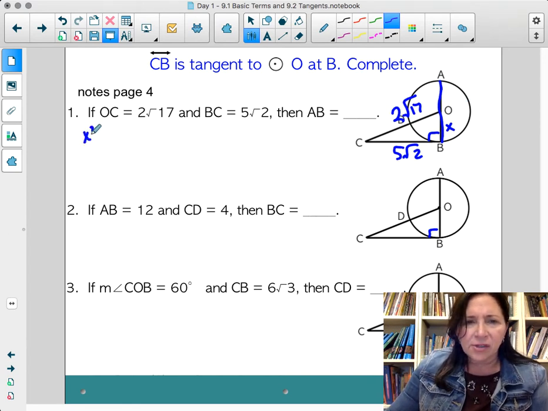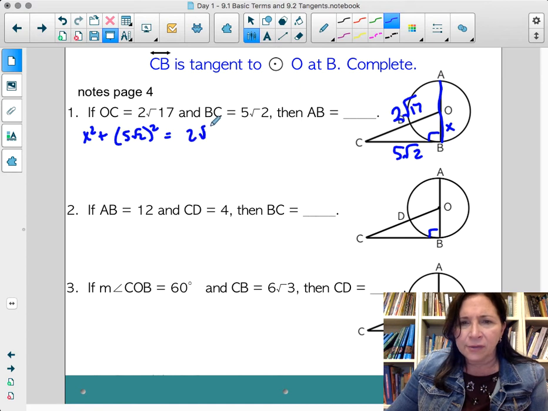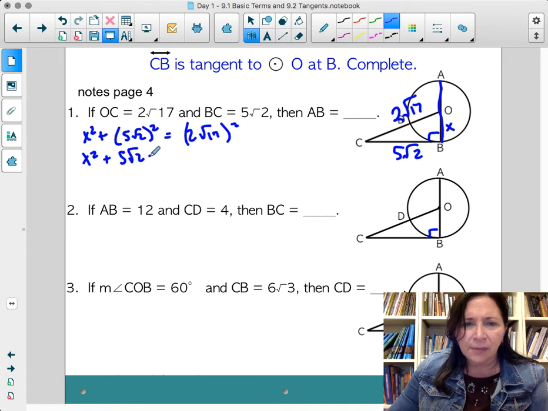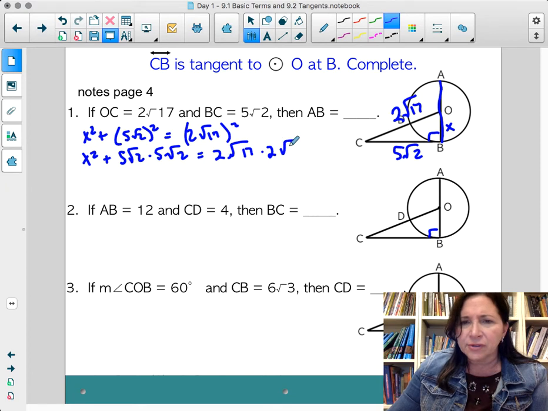So we're going to say X squared plus (5 root 2) squared is equal to my hypotenuse, (2 root 17) squared. And so that's going to give me X squared plus, and I'm just going to write this out, 5 root 2 times 5 root 2 is equal to 2 root 17 times 2 root 17.